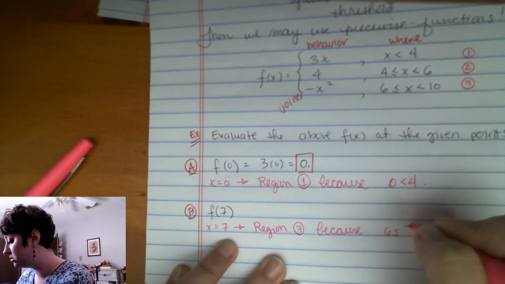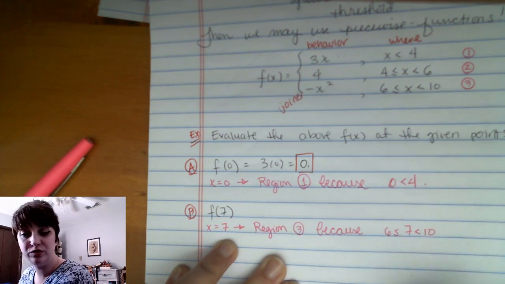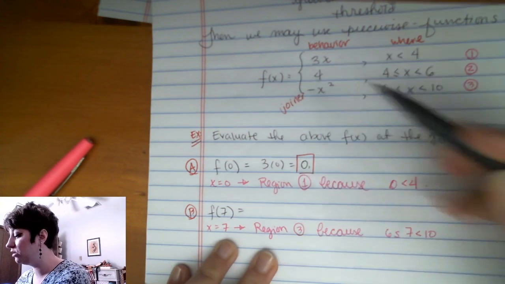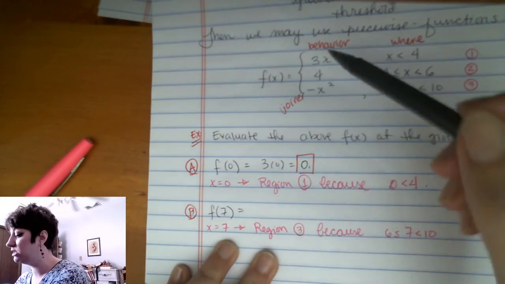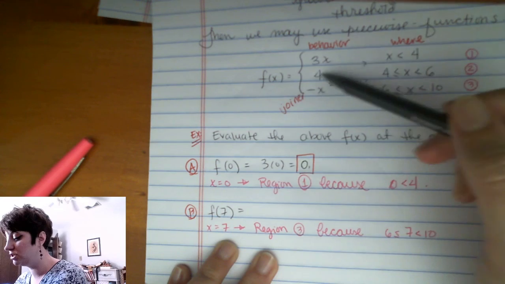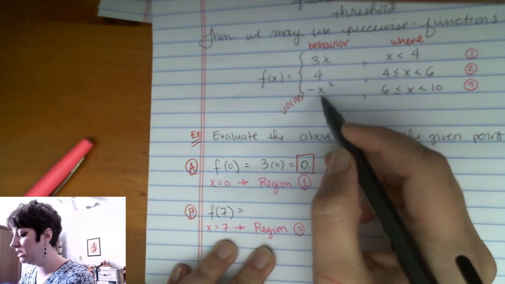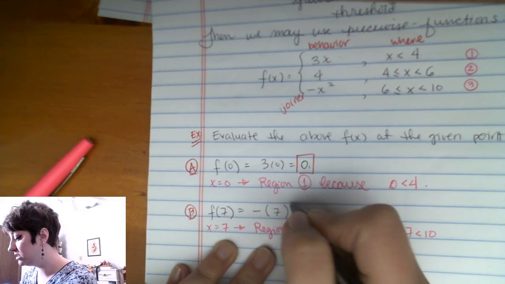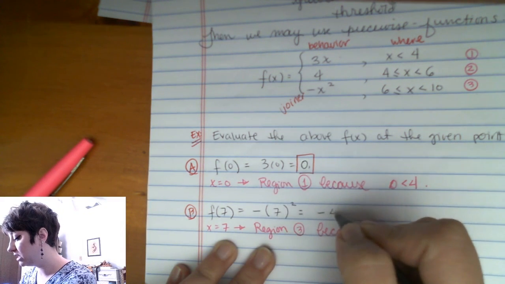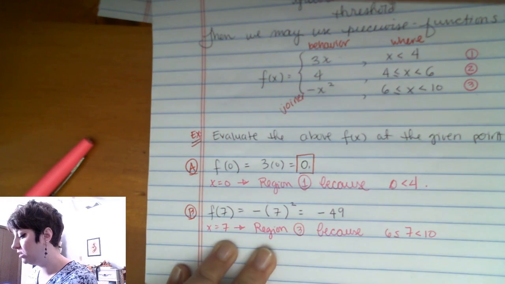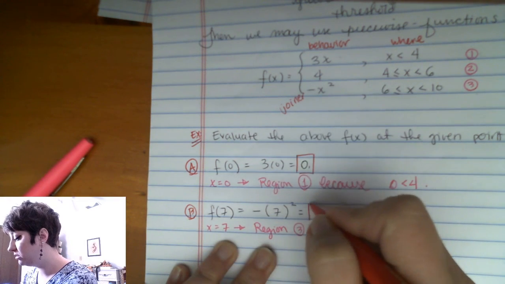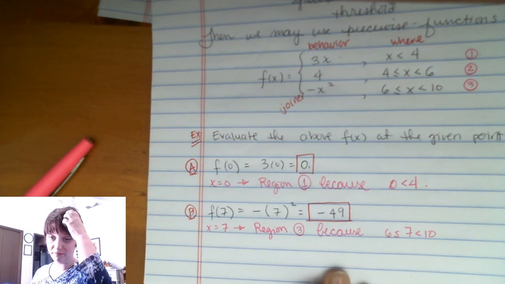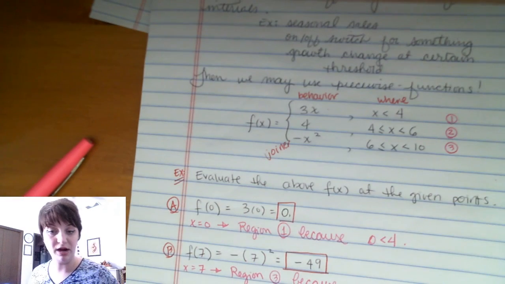because 7 is between 6 and 10. So that means my function has the quadratic part turned on. It's not linear, it's not the constant, it's just the quadratic. So I plug in 7 to this definition. So negative 7 squared, which is negative 49. So in went 7, out came negative 49. So if I go to my graph, I should see that.